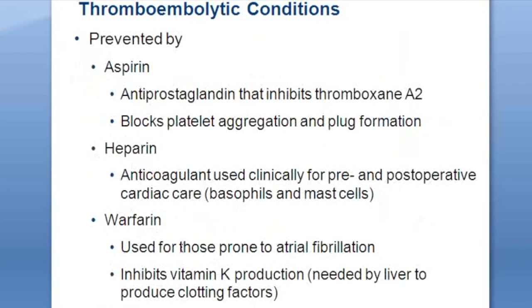Now, this is cool. Aspirin, how does it work? Aspirin inhibits prostaglandin formation. And one of the chemicals that you will learn about, which is produced by platelets, is called thromboxane. And it is a prostaglandin.